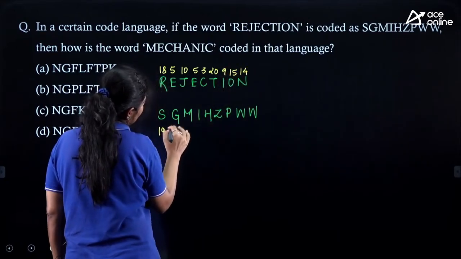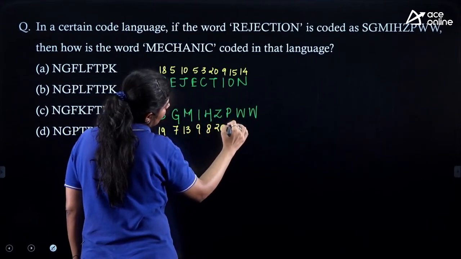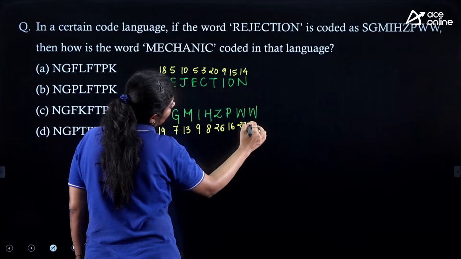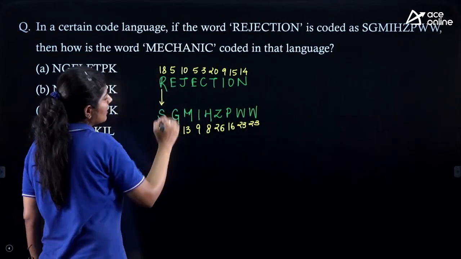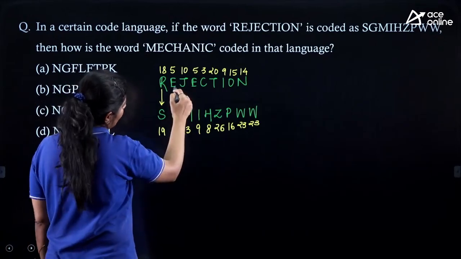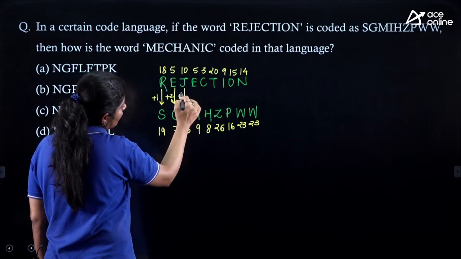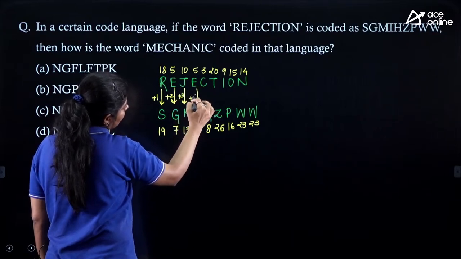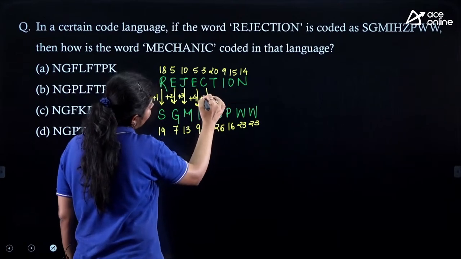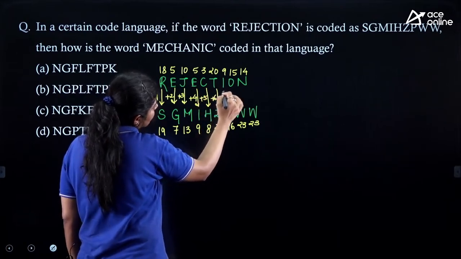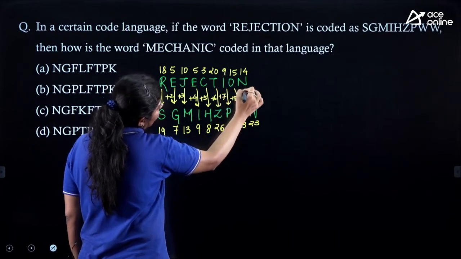Here we are having 19, 7, 13, 9, 8, 26, 16, 23 and 23. So here there is a logic of plus 1, plus 2, plus 3, plus 4, the number is continuously increasing, plus 5, plus 6, plus 7, plus 8 and plus 9.